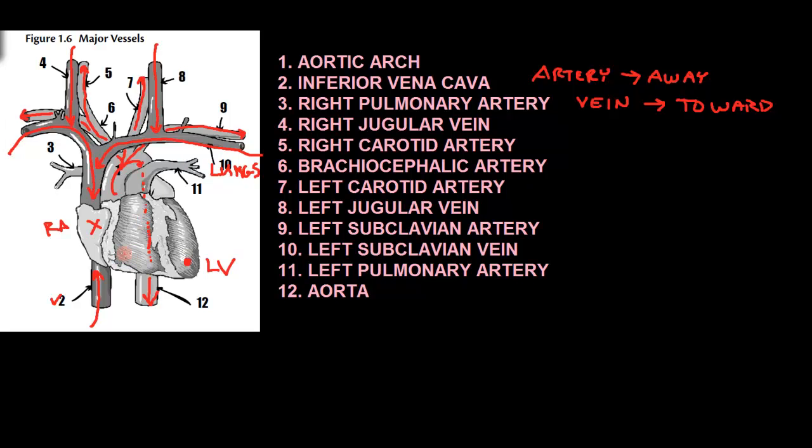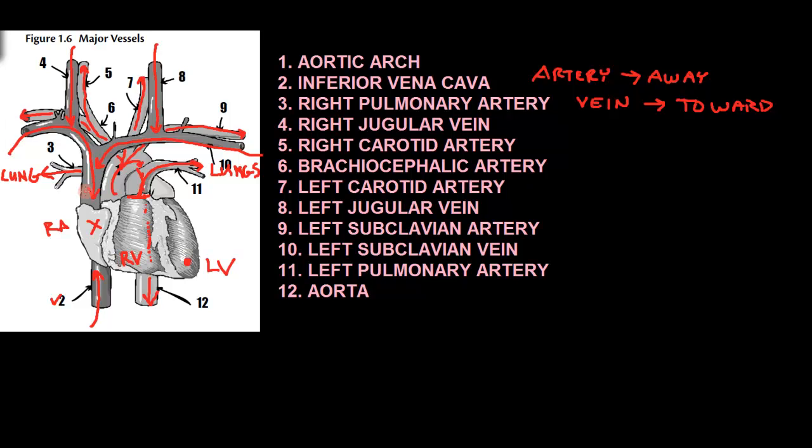So it's traveling from the right ventricle, which would be somewhere around right here, and it would travel through the pulmonic valve, which would be about right here, and it would go off to the left lung. If it didn't go to the left lung, it would go this way, back behind all of this, and over to number 3, which is the right pulmonary artery.